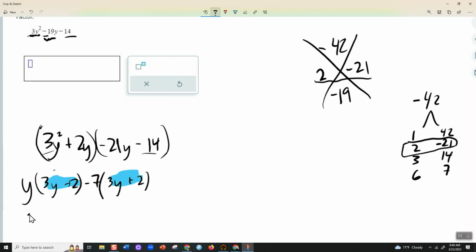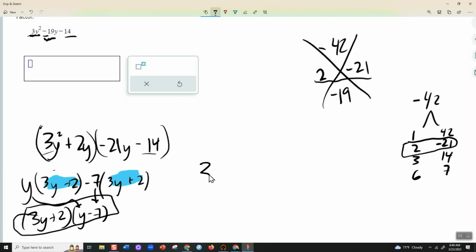So I'm going to take that factor, 3y plus 2, and then I'm going to get y minus 7, the remaining parts, for my final answer. So my final answer is 3y plus 2 times y minus 7.